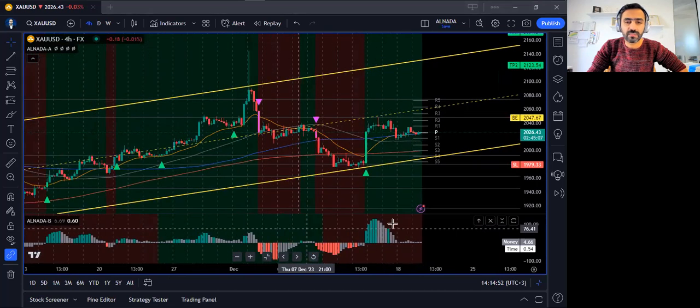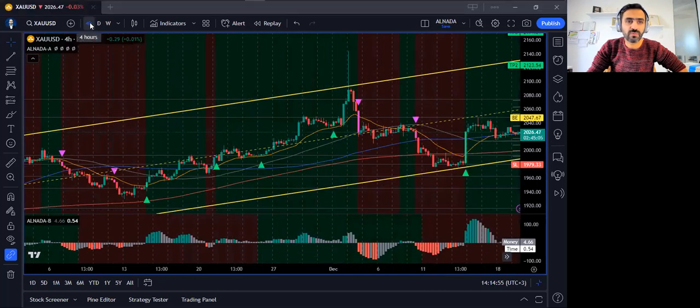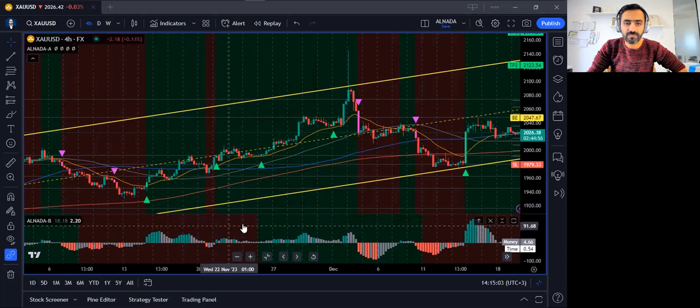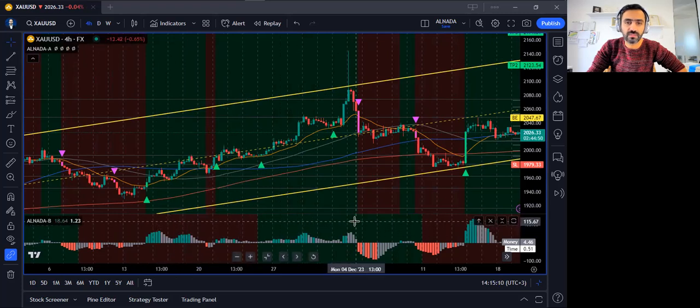The next one is, when you use the 4-hour chart, the bigger one is the daily, and if you use the daily, the bigger one is the weekly. So once I open here on the 4-hour, the trend below is the daily, which is the bigger one. Here is a bearish and here is a bullish background.